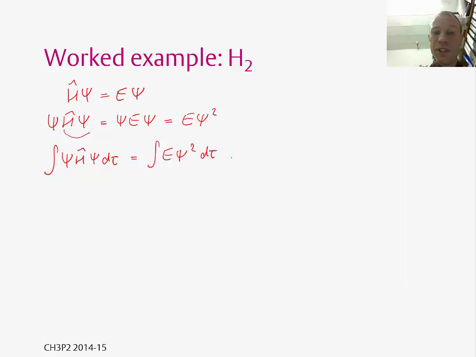E is just a number, so it can come out of the integral sign. We know this term here is equal to 1. So this becomes just E. So overall this integral here is equal to E.